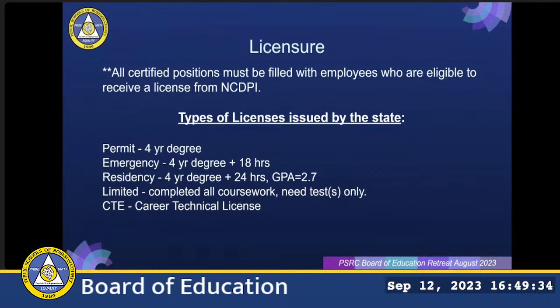Residency license, that's a 4-year degree plus 24 hours, and then the university requires a 2.7 GPA. Limited licenses are for those people who have completed all of their coursework but have yet to pass their Praxis exams. And then, of course, we have the CTE license, which has requirements depending on the area within CTE.